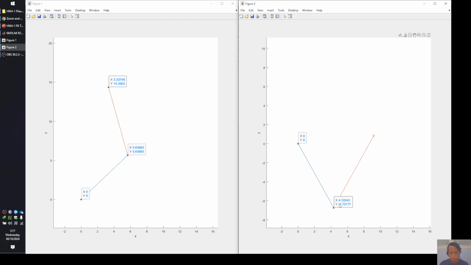We got x as 4.32242 and for y we got minus 6.73177, and on the end effector we got this position. For x it is 9.18514, and for the y position it is 0.841471.